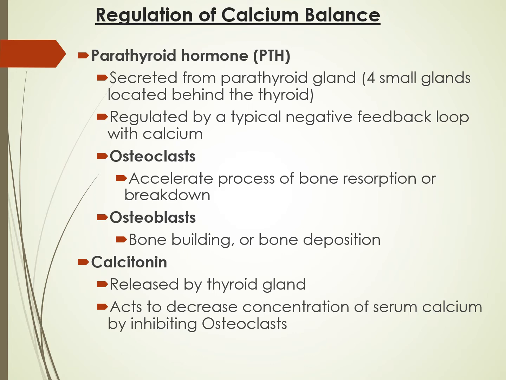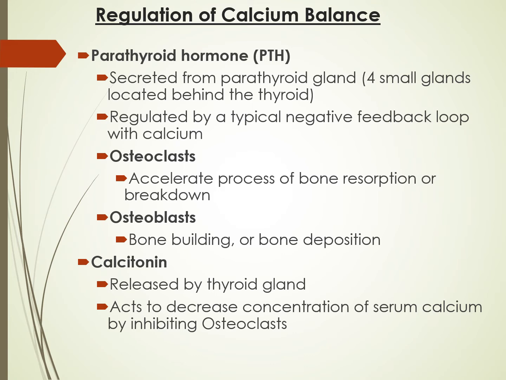Okay, so what are the cells in the bone that break down the bone matrix to release calcium and phosphate into the bloodstream? Well, those are osteoclasts. What are the cells responsible for building bone and increasing the bone matrix? Those are osteoblasts, right? And they'll use calcium and phosphate to build bone.